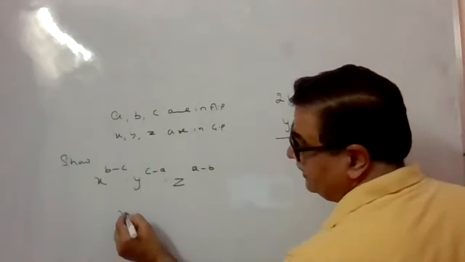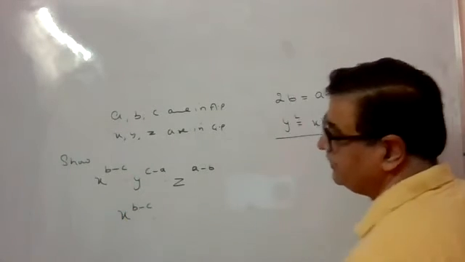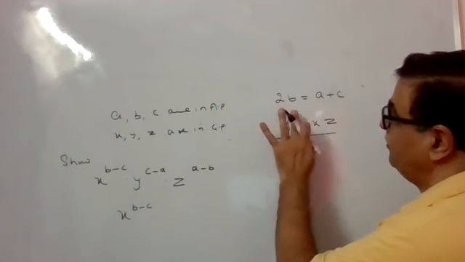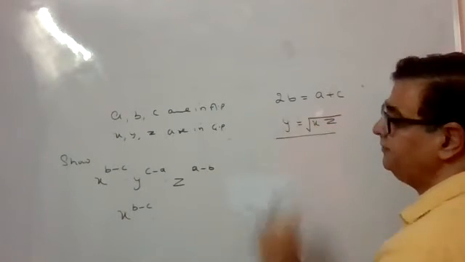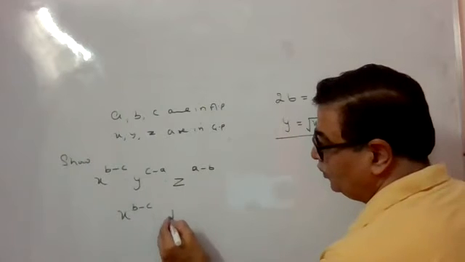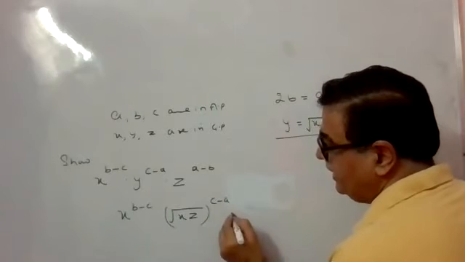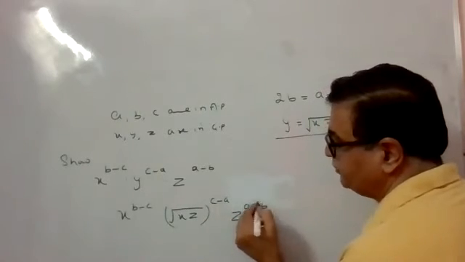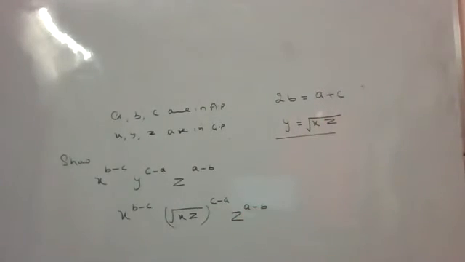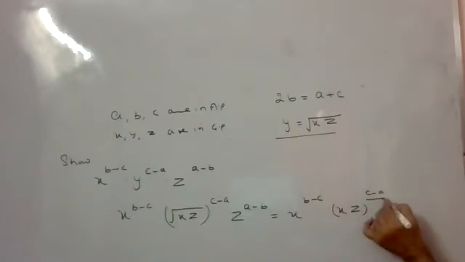So what I do here in this case, x power b minus c. We can write the value of y as root of xz, yes? So I put it here, root of xz power c minus a, and z power a minus b. Then we will write x power b minus c, this will come x into z power c minus a by 2, and then z power a minus b.